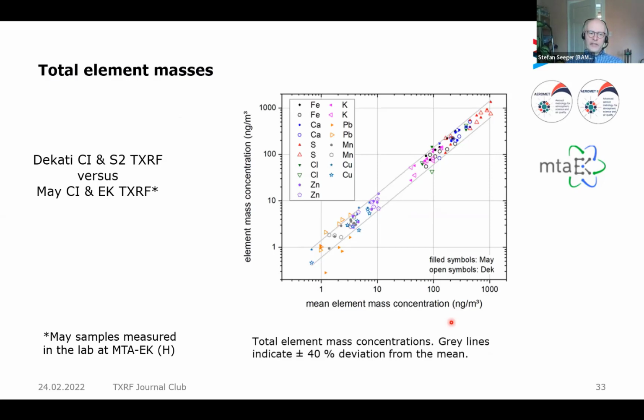Despite the fact that these impactors have different numbers of stages and different cut points, the correspondence is within plus minus 40% among these two impactors over a large concentration range from 1 to almost 1,000. You see that the relative deviation between these two impactors can be held below 40%. That is a quite nice result, which we did not expect to be so good.